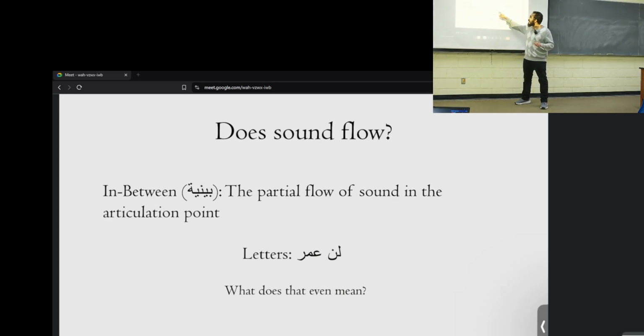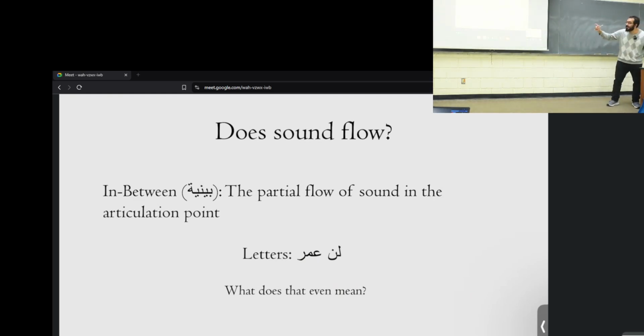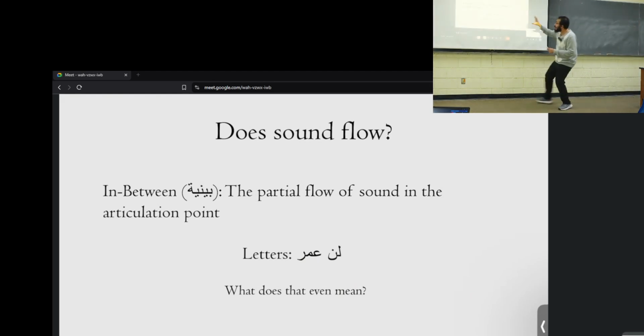You don't fully need to understand why it's partial flow. To be honest, I just did it for completion, but I should have probably deleted it. The idea here, especially with these letters, is that when it's sukoon, it takes a shorter amount of time than soft letters. That's the most important part.